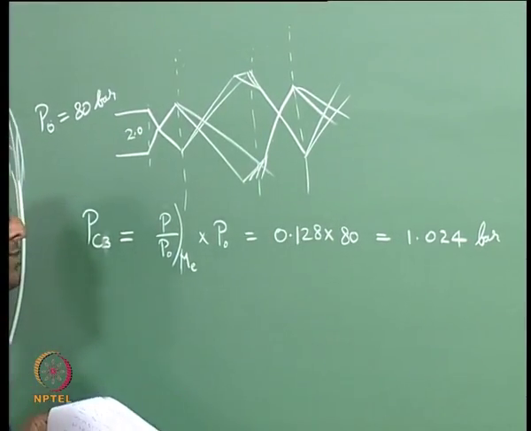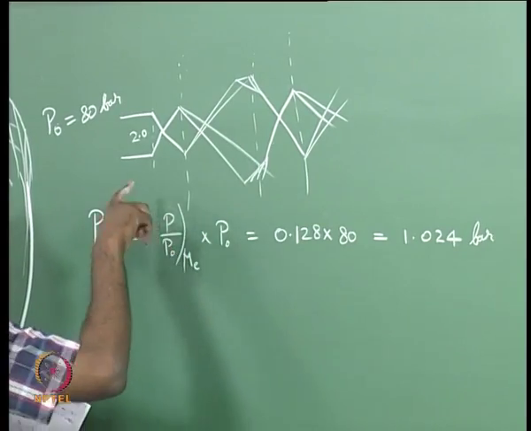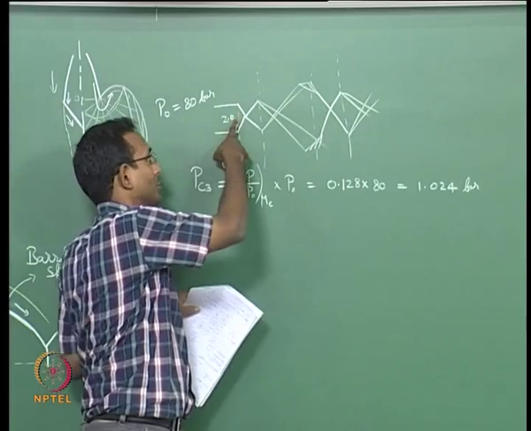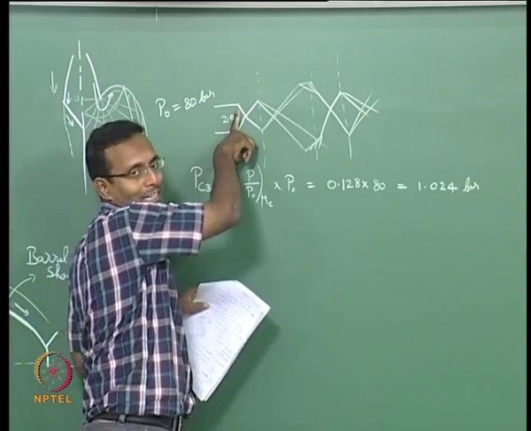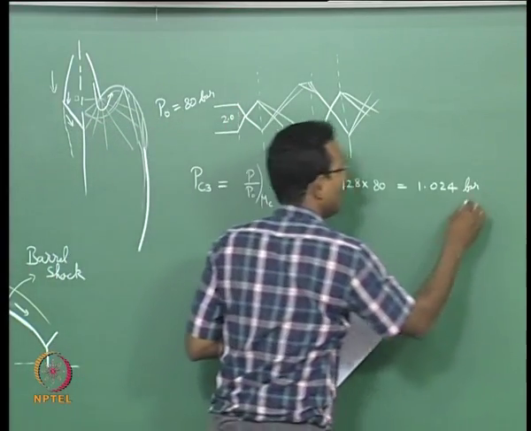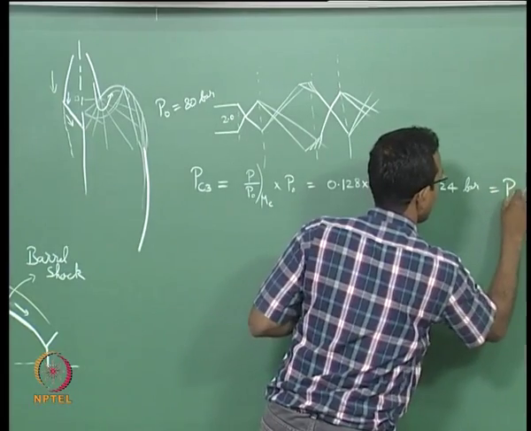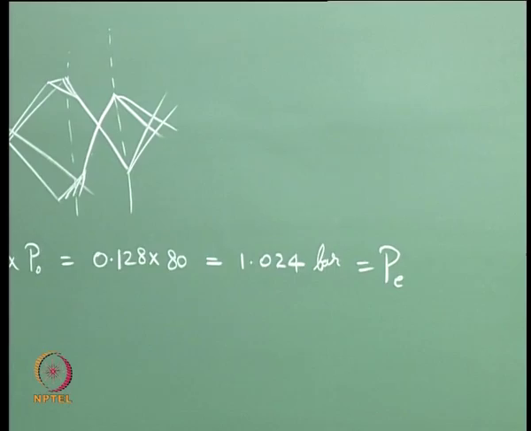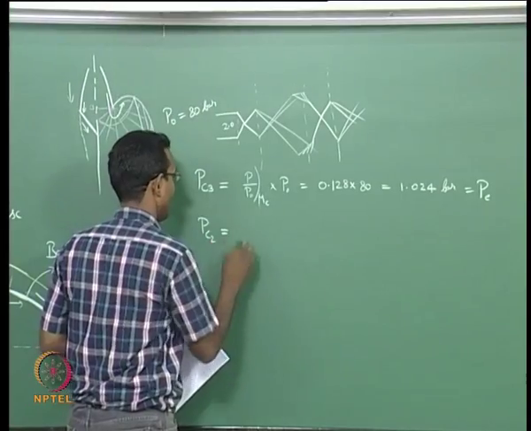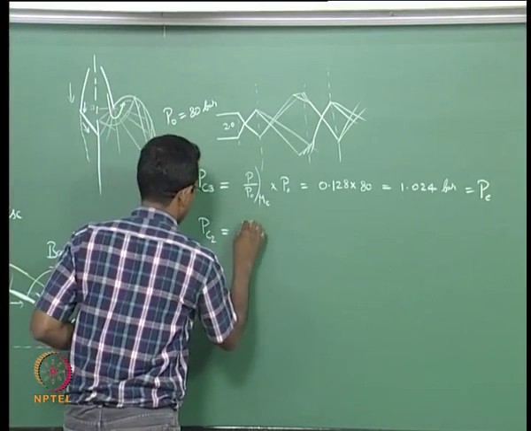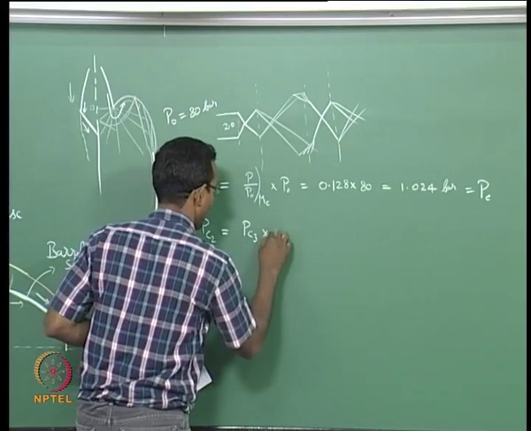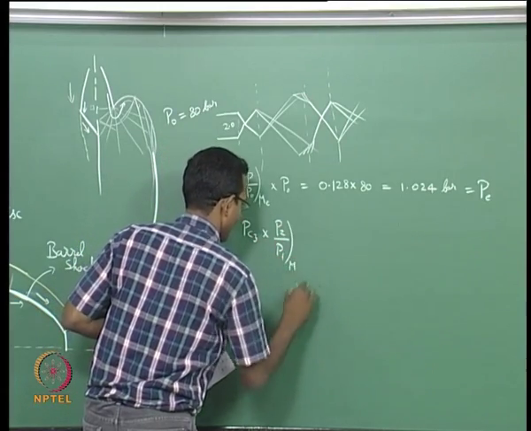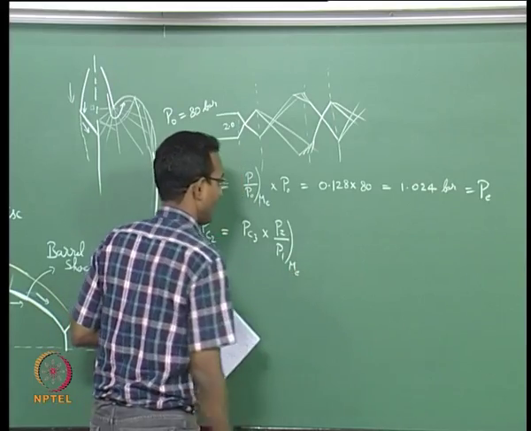This happens to be your P exit for this condition, is that right? Because Mach number is 2, there is no shock inside my nozzle till that point. That also happens to be equal to my P exit for my nozzle. Now I will go for P critical 2. Now I will take P critical 3, multiply by P2 by P1, where shock Mach number is equal to exit Mach number.